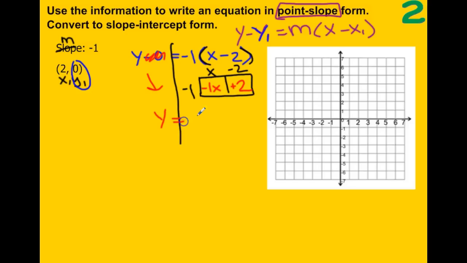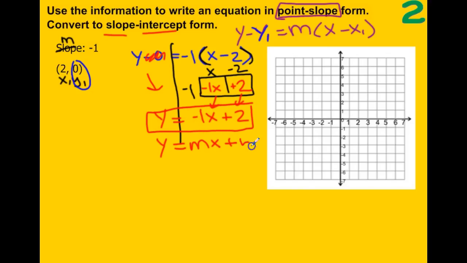So we have y equals negative 1x plus 2. All I did was rewrite what's inside our box. So that's it. This is solved for y. This is in slope-intercept form. We have a slope, m, and we have an intercept, b. So if it helps you to identify or write out m and b, do that. M is negative 1, as a fraction, negative 1 over 1, and b is 2.